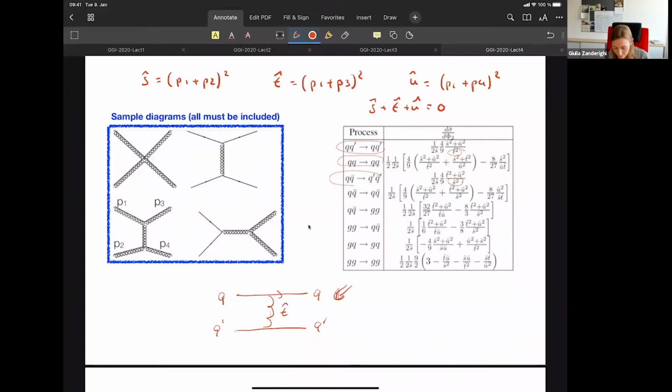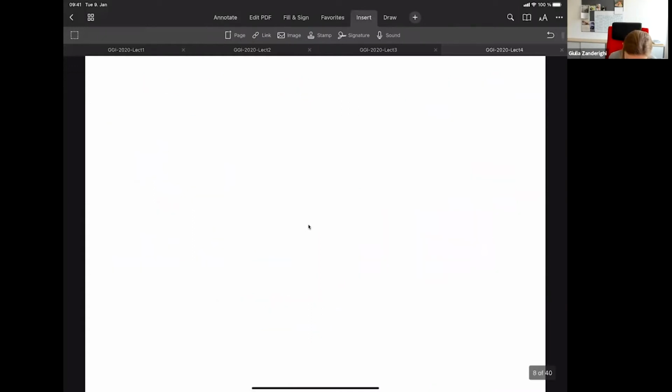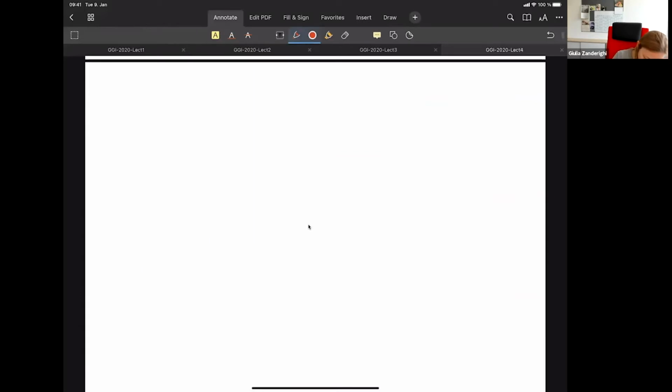Once you have these amplitudes, you write an expression for your cross-section. The cross-section at leading order, the Dijkstraff cross-section, let me write it in this form. So this sigma at leading order has this form.